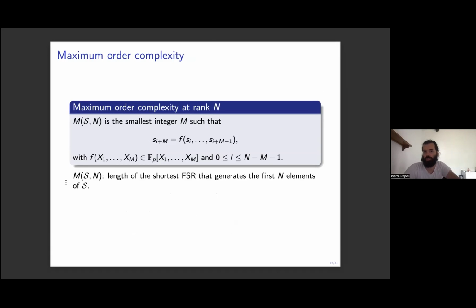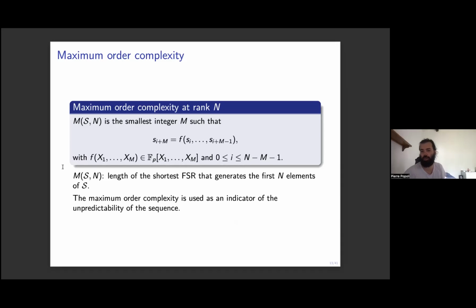This is why we introduced the maximum order complexity, which is precisely the length of the shortest feedback shift register that generates the first n elements of my sequence. We can use this complexity as an indicator of unpredictability of my sequence. And if this complexity is too small, I know this is not good for cryptographic applications.